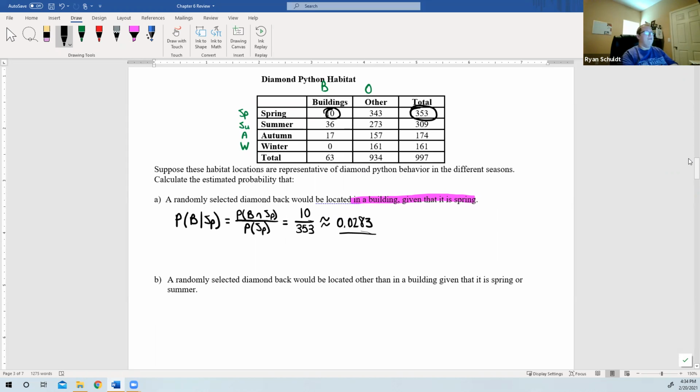Say they got the probability of spring, the denominator right, but they messed up the numerator. So it's partially right. They were partially on the right track. They just pulled the wrong number. So they'd give you partial credit. They would say it's partially correct. Maybe not essentially correct, but partially correct. That's better than being just completely wrong.